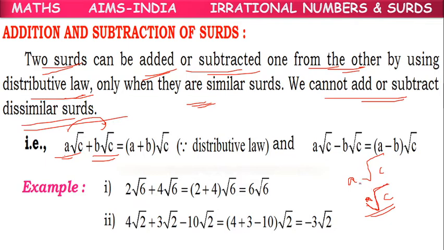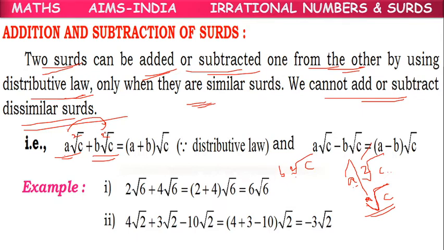But here we have a root c, where a is the multiple and root c is the square root of c, whose order is 2. In the same way, b root c: nothing is written, so we can take it as 2. The order of this surd is also 2. So both surds have order 2, and they are similar surds.